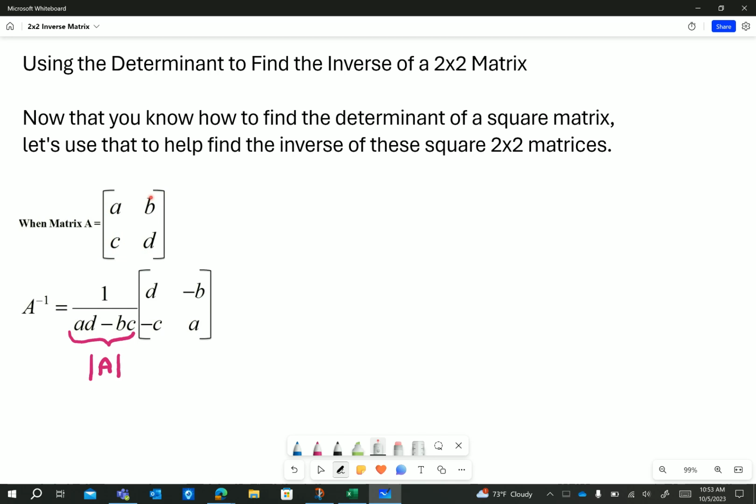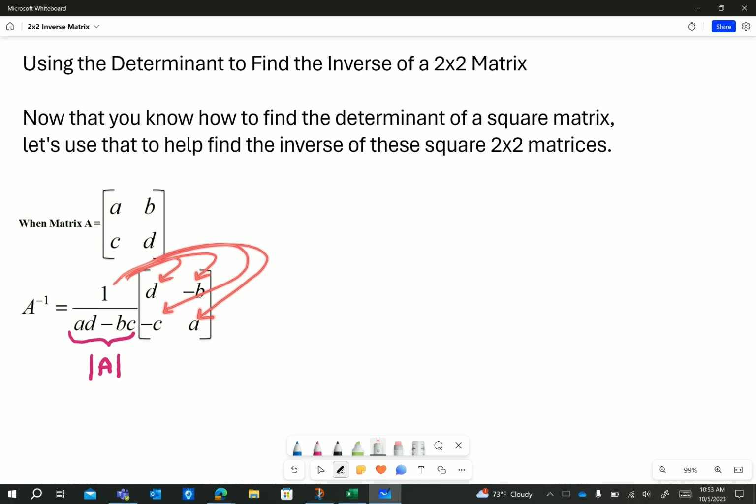So first you would find the determinant, and whatever that value is will be the denominator of this fraction. Now you are going to take 1 over said value and distribute that number to every single element in this matrix.